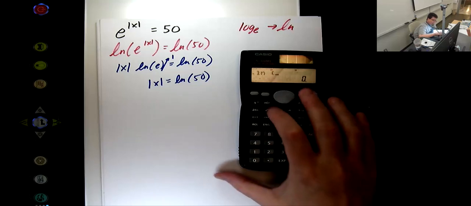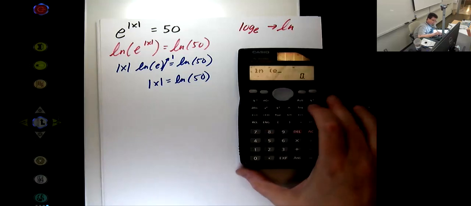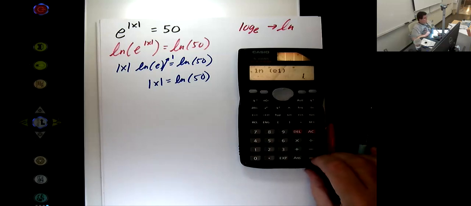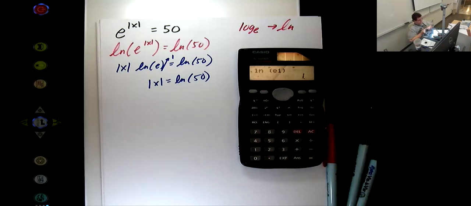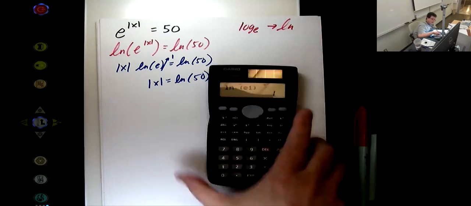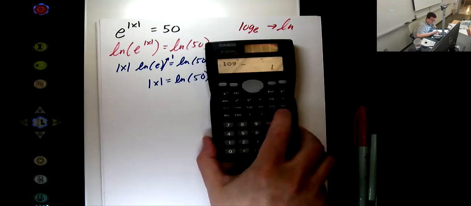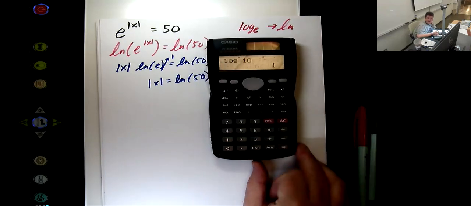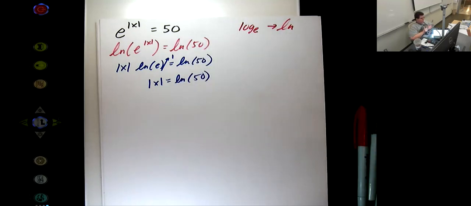Natural log, shift e to the 1. There we go. 1. Log of 10, also 1. When the base matches the thing inside, you get a 1.